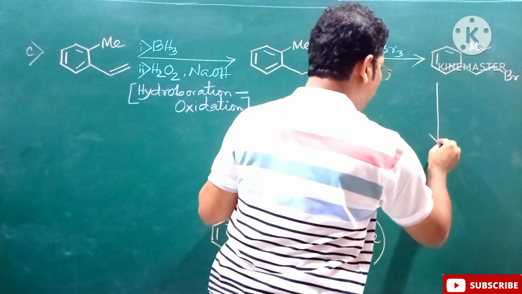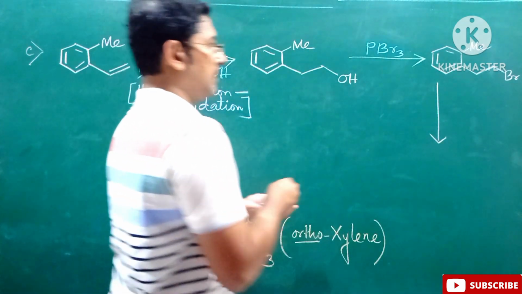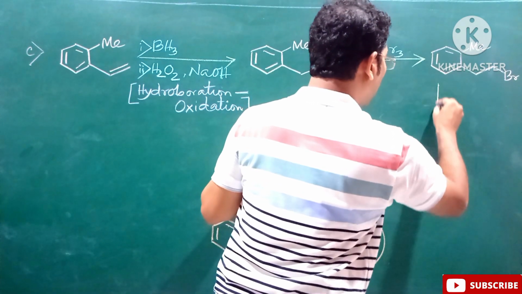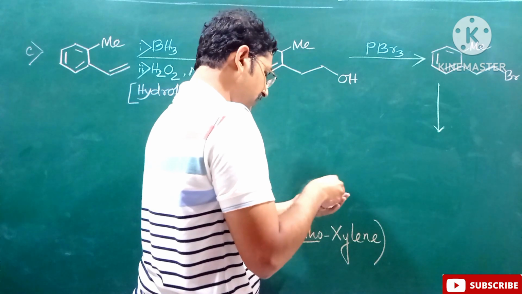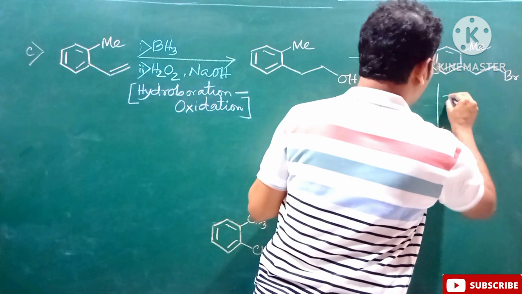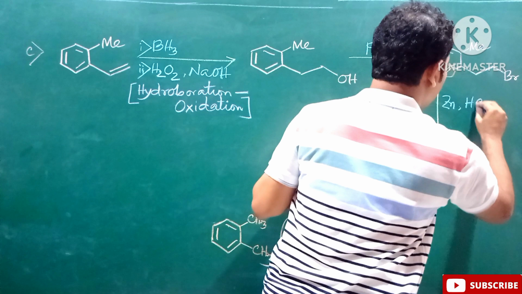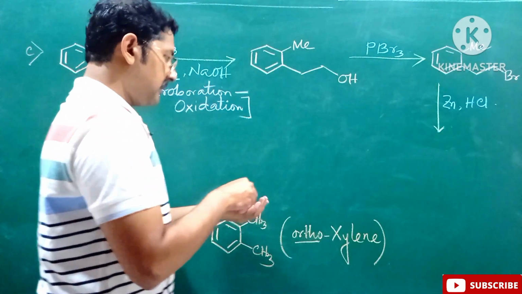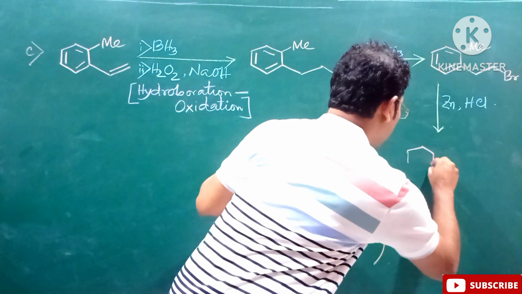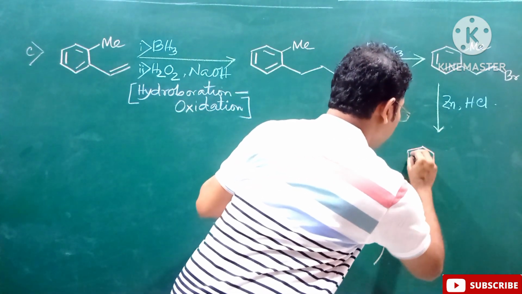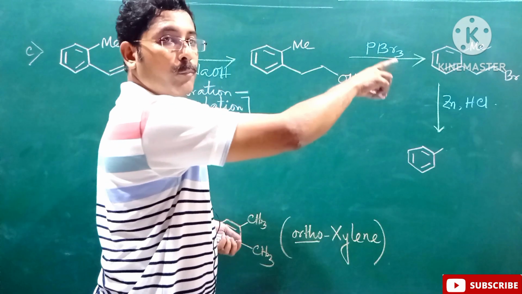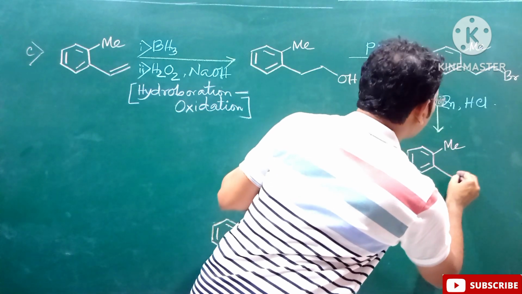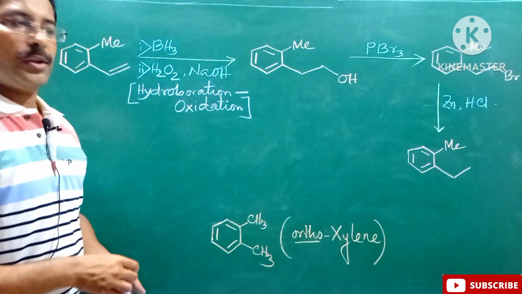And finally this molecule is treated with zinc and HCl. What will happen? Zinc HCl will reduce this haloalkane into alkane. That is, the bromide will leave the substrate, and it will be replaced by hydrogen, right?